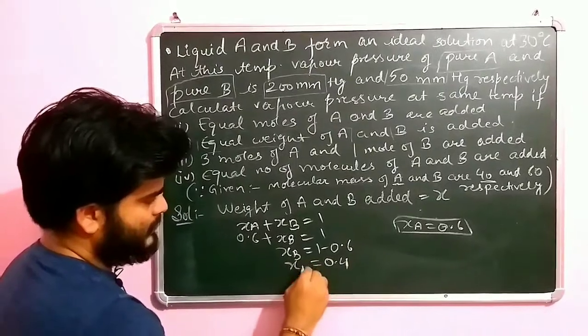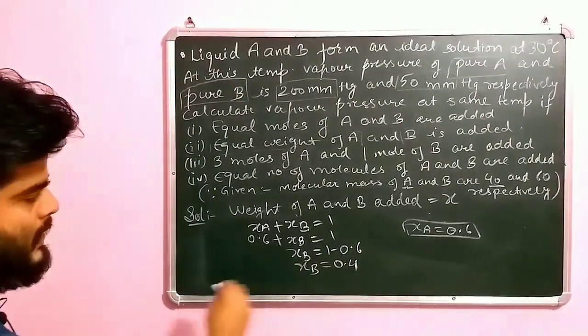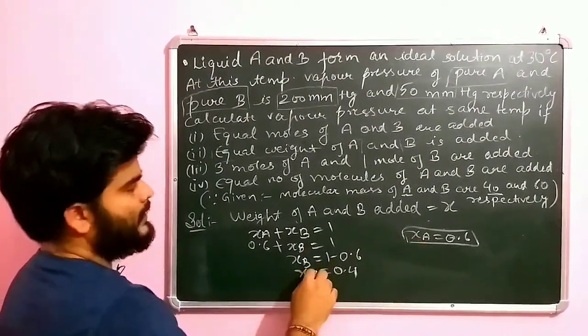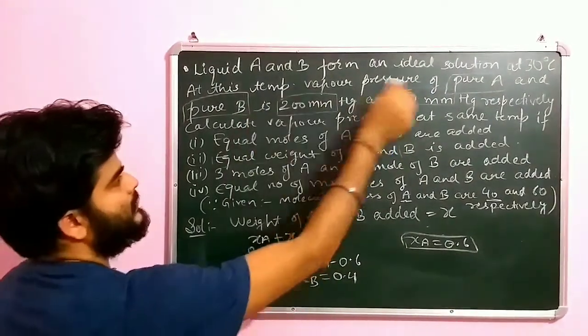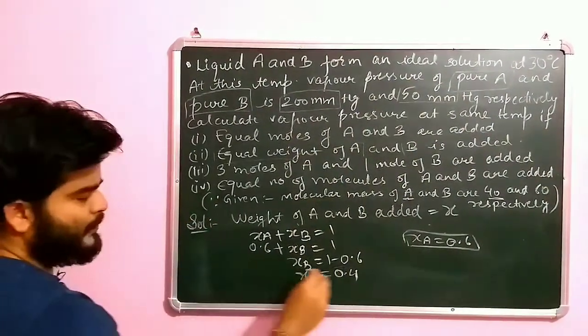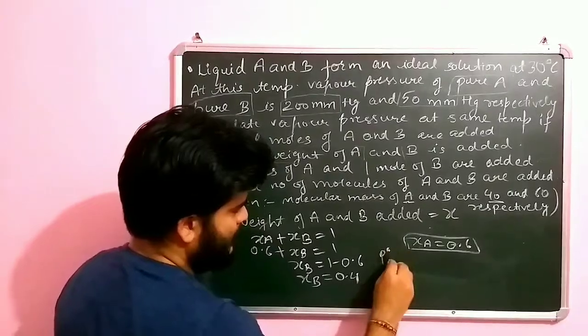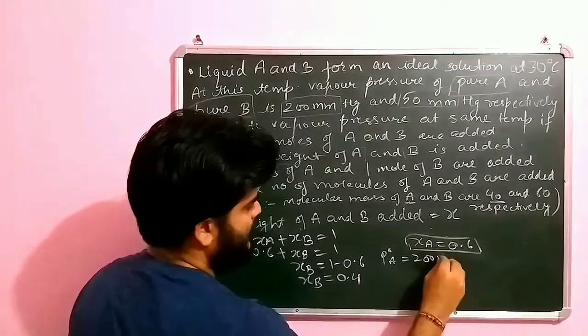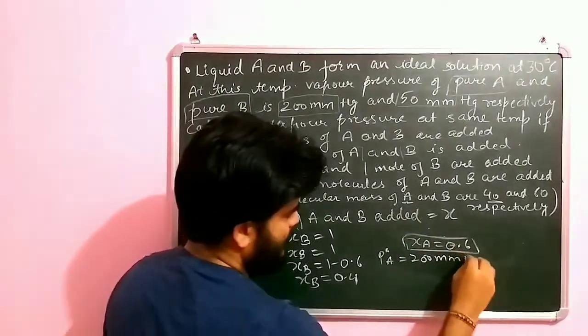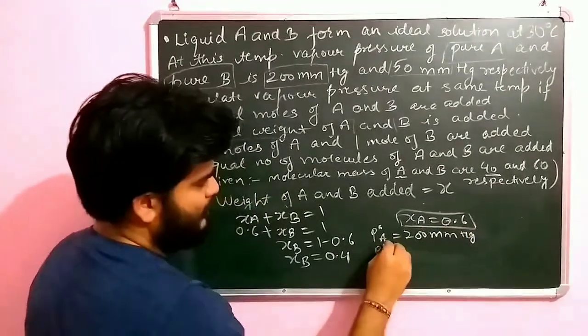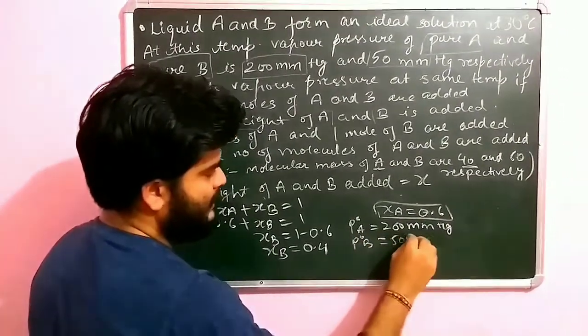This will be 0.4. Now we have both the values, and we have values of pure state vapor pressure. P naught A is 200 mm Hg, P naught B is 50 mm of Hg.